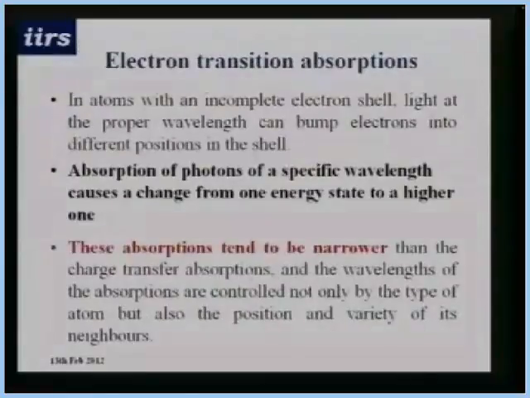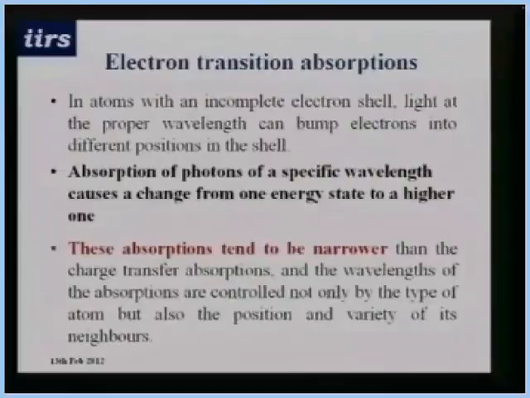The electronic transition absorptions: in atoms with an incomplete electron shell, light at the proper wavelength can bump electrons into different positions in the shell. Isolated atoms and ions have discrete energy states.